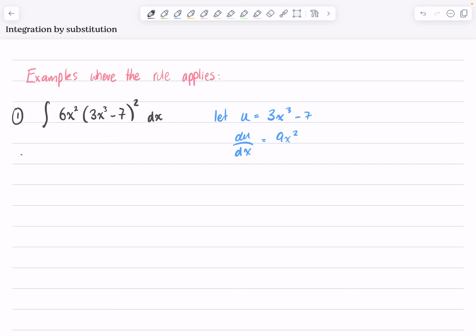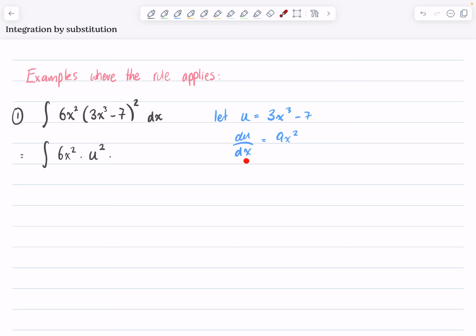Now, because I'm going to be substituting u in here, let me just demonstrate this. I'm going to have the integral of 6x squared, and this time instead of this function squared, it's just going to be u squared. And I don't want to have a dx because I can't integrate a variable u with respect to x. I need to integrate u with respect to u. So in other words, I'm trying to replace this dx with an expression.